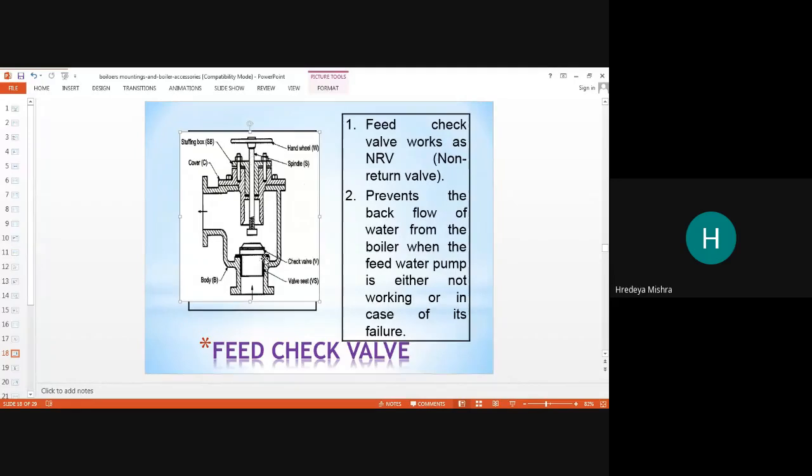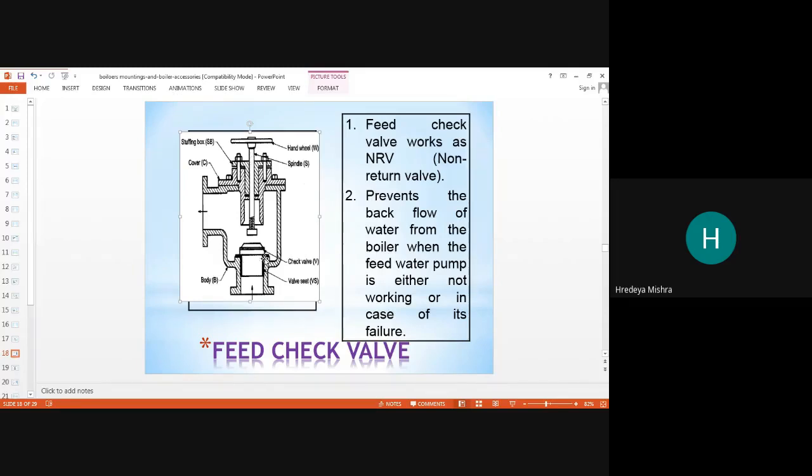This is one-way supply. Air enters your tube but does not release from the tube. That is one-way supply. The same work is here, a non-return valve. Steam enters but returning is not possible. That is the principle.